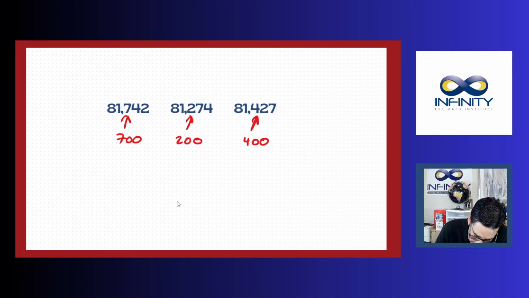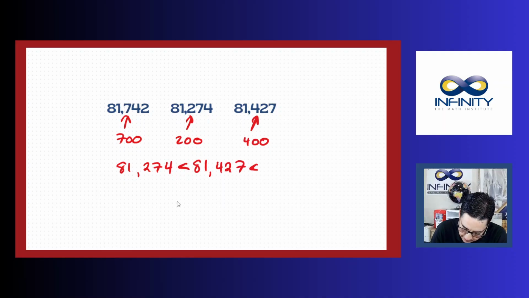So 81,274 is the smallest number, which is less than the next smallest number, the 400. So 81,427, which is less than the last number on our list, 81,742. All right? And you should start seeing that this stuff is going to start being kind of intuitive.